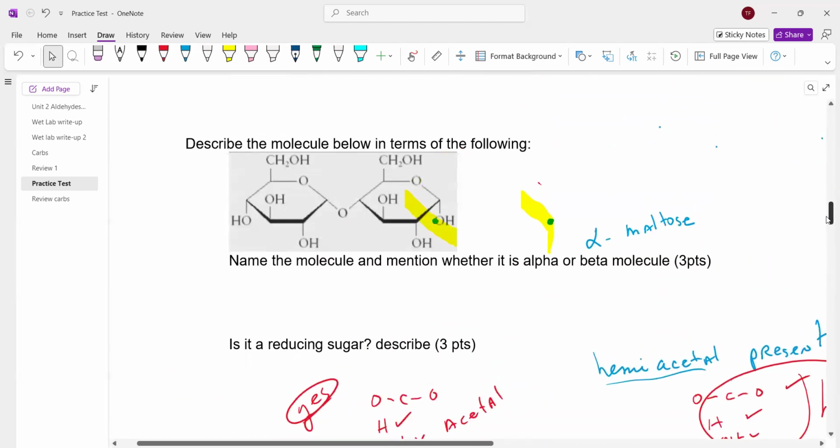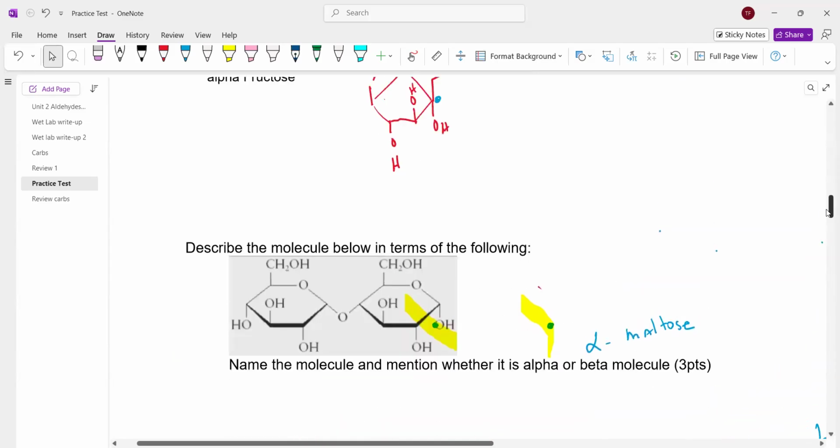Okay, now let's do the reaction for this.